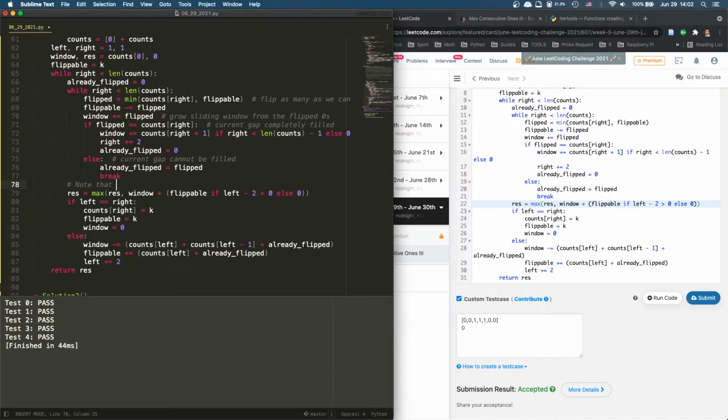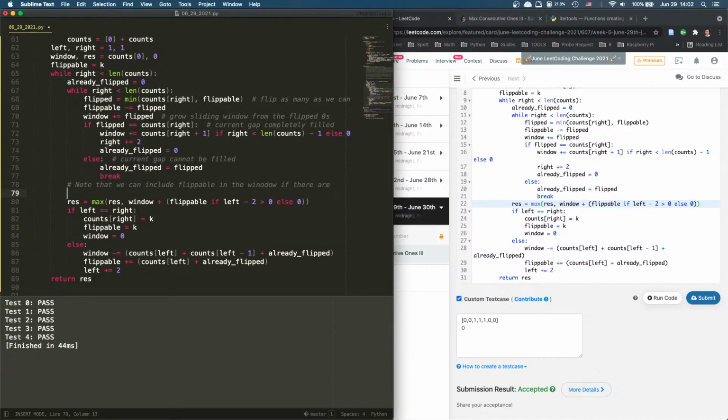Note that we can include flippable in the window if... we'll actually say min flippable.